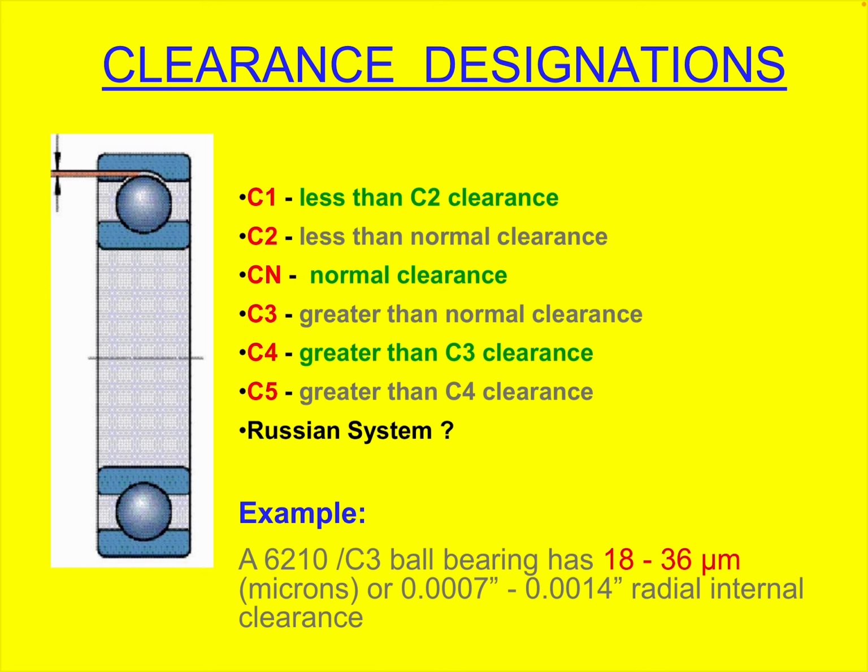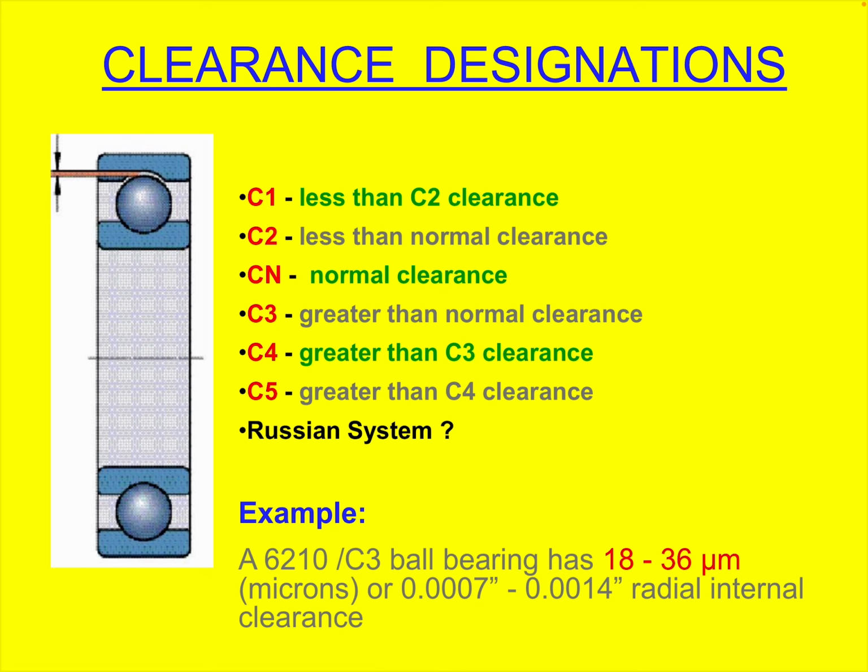Clearance designation: C1 is less than C2 clearance, C2 is less than normal clearance, CN is normal clearance, C3 is greater than normal clearance, C4 is greater than C3 clearance, C5 is greater than C4 clearance.